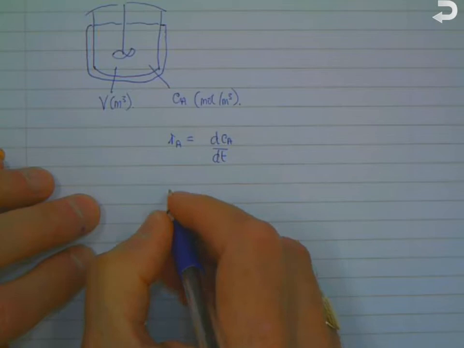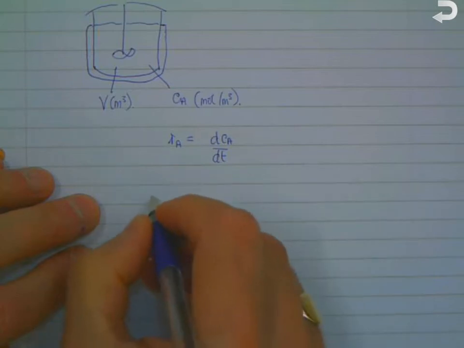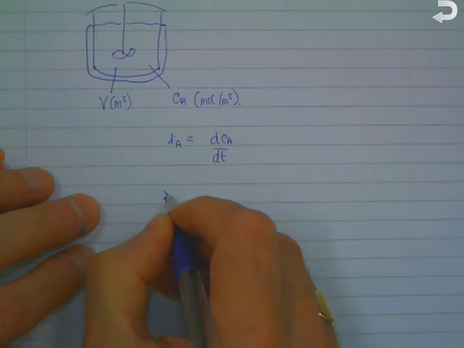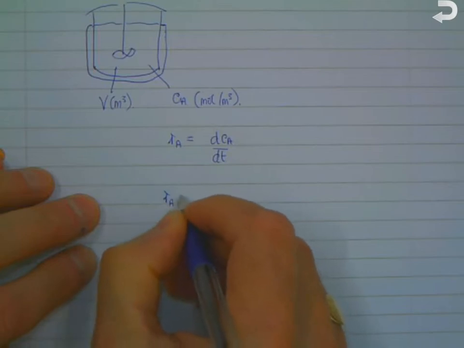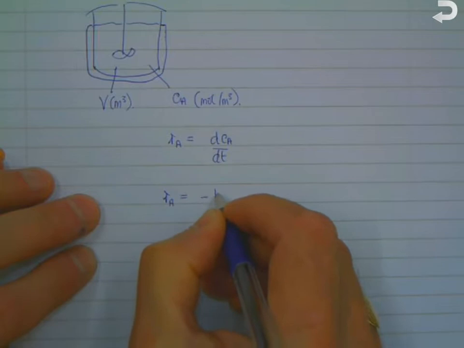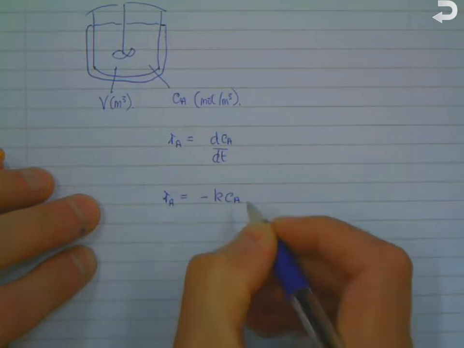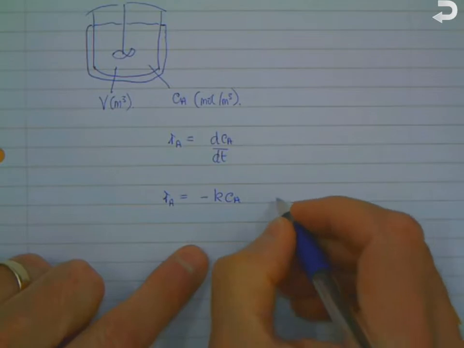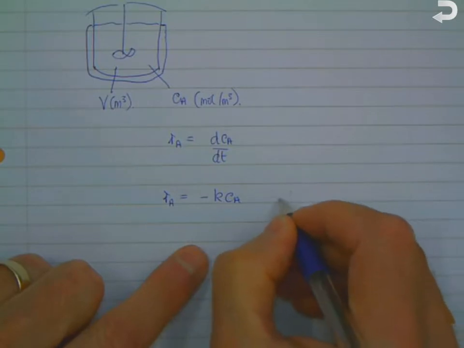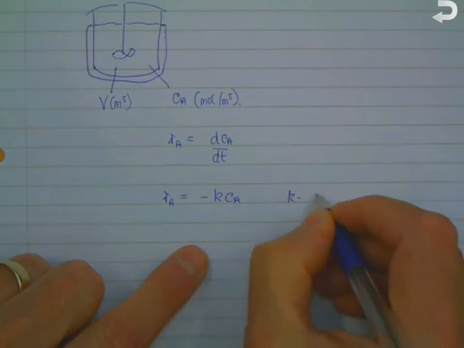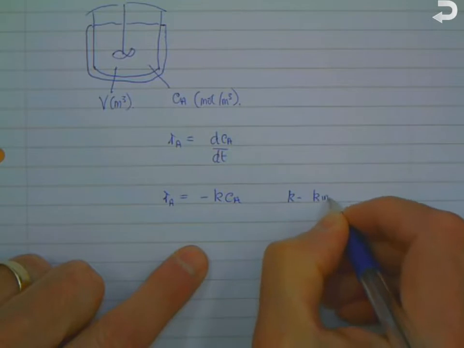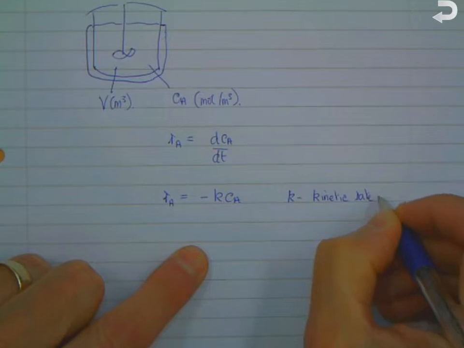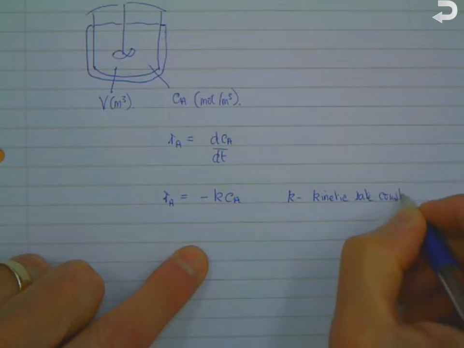So we're going to assume first order kinetics for this reaction rate. That is simply that Ra equals minus K times Ca. So we've got first order reaction in our starting component A. And we've got that K is the kinetic rate constant, the first order rate constant.